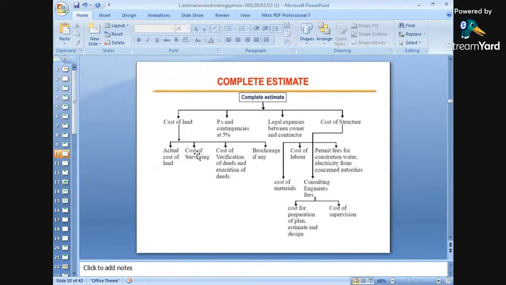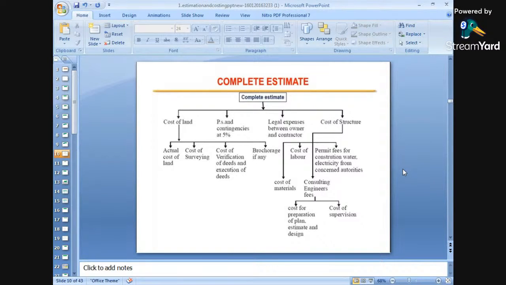Surveying: we have to measure the land, whether it is in proper dimensions or not. The cost of surveying will be there. Again, what does the cost of construction include? The cost of material will be required, cost of labor will be required, permit fees for construction, and water and electricity from the concerned authorities. We will require water, and electricity will be required.